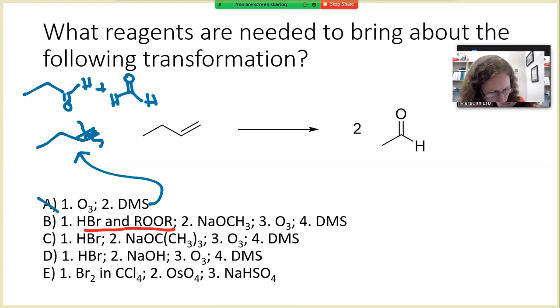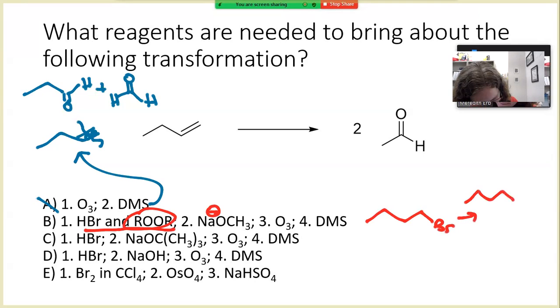So let's take a look at reaction 2. Reaction number 2 starts off with a bromination reaction, and it's radical bromination because of the presence of the peroxides right here. So this would create an anti-Markovnikov regiochemistry reaction where we add a bromine right here. Next, we have a strong nucleophile/base, so that would bring about an elimination.